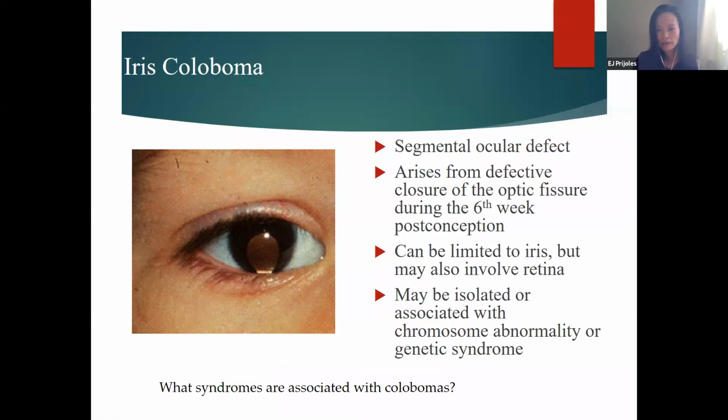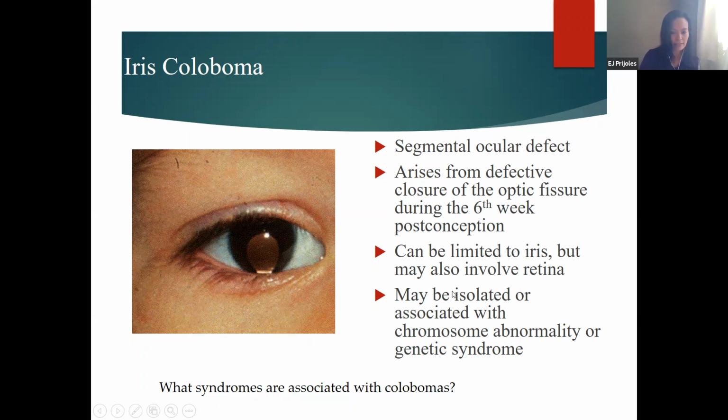And then just to review, this is an iris coloboma. It's a segmental ocular defect, arises from defective closure of the optic fissure during the 6th week post-conception. So again, very early. Can be limited to the iris, but can also involve the retina.